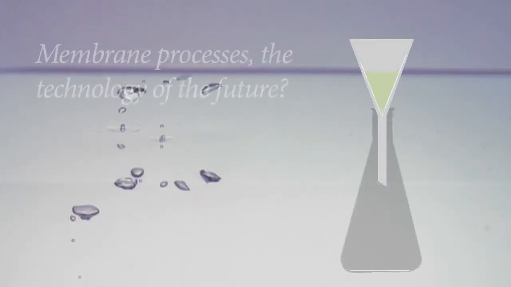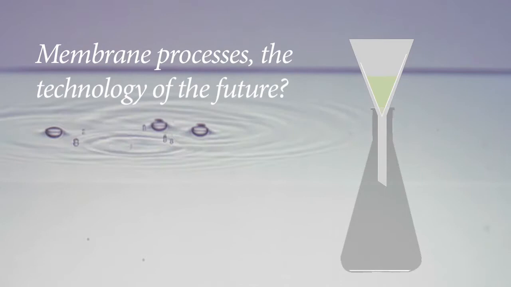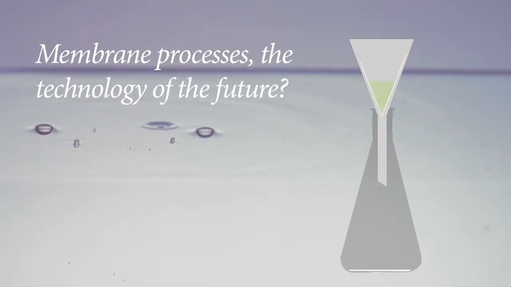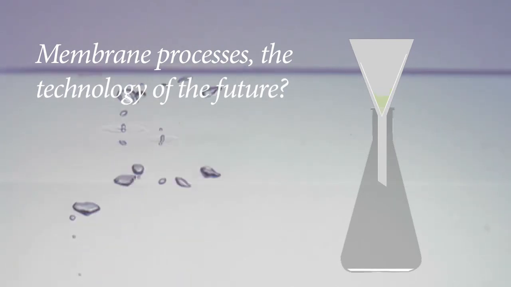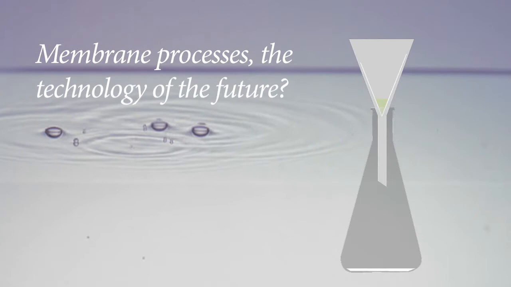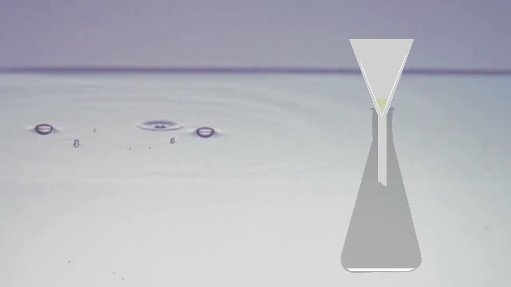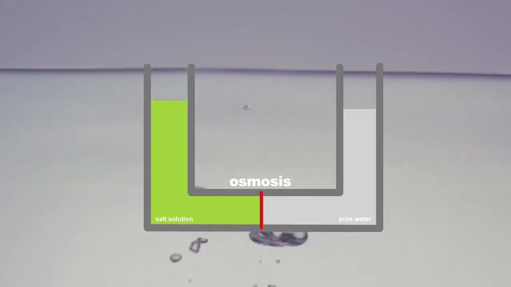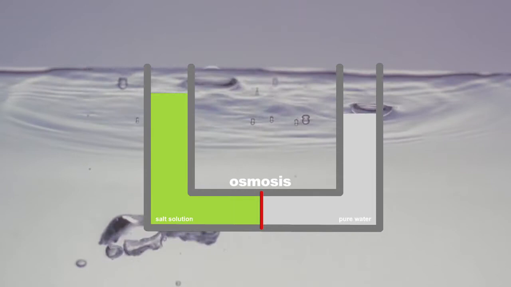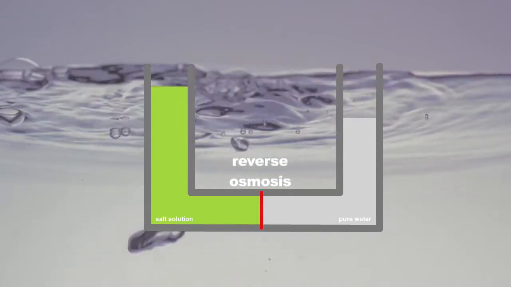Conventionally, filtration in water treatment refers to the separation of solid particles from water streams. Membrane filtration, however, extends this application to include the separation of dissolved solutes. Probably the best-known membrane filtration technique is reverse osmosis, used for the desalinization of seawater.